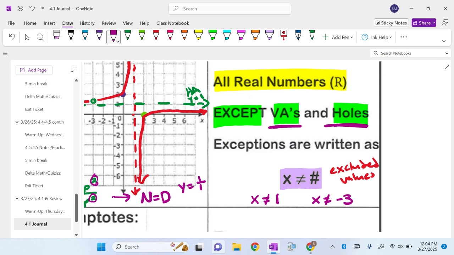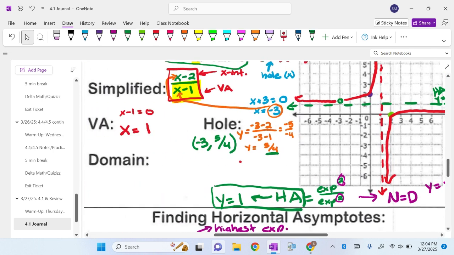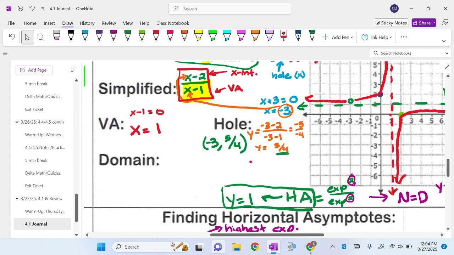So if I was to write this domain, I would write it in set builder notation. So what do I always start with? What's my lowest x value? -infinity. What's my first stopping point numerically? What's the first x value that I can't cross? -3. And we'll put a parenthesis there because we can't cross it.